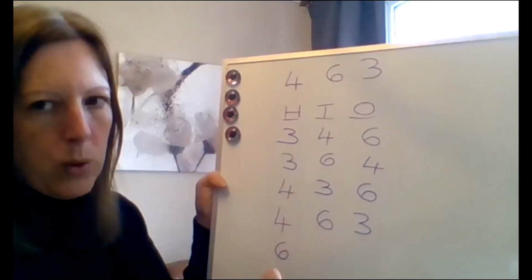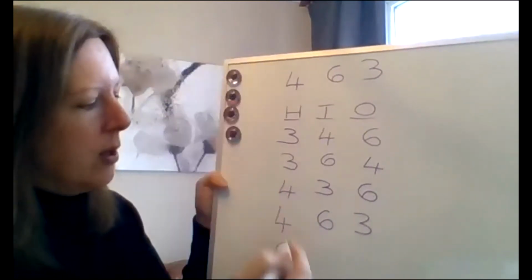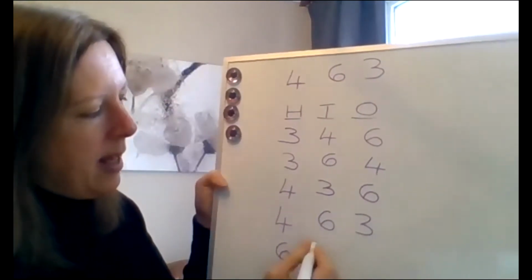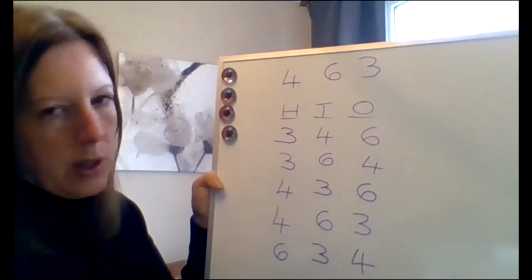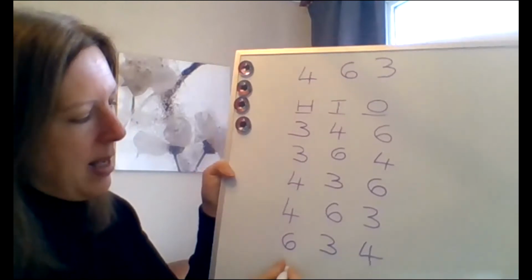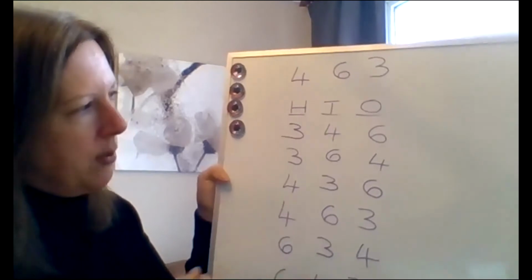So thinking about order again, for going up from smallest to largest, I'm going to be doing 6 there. My 3 is going to go into my 10s. My 4 is going to go into my 1s. And then my last one that I can make here is 643.